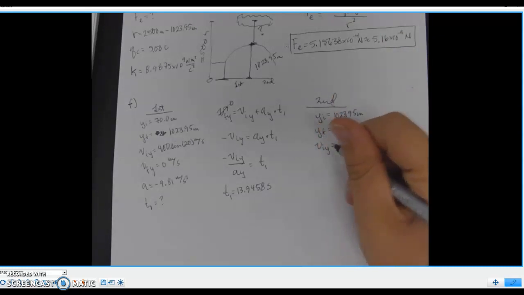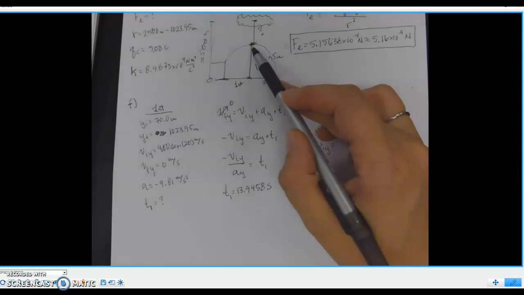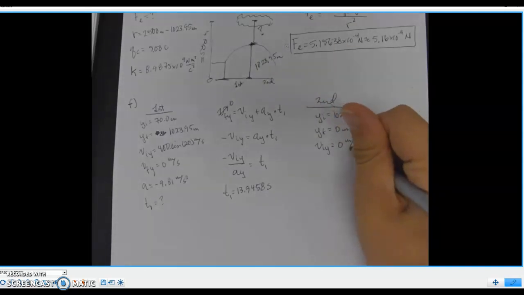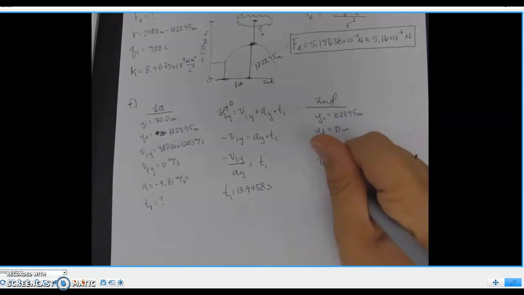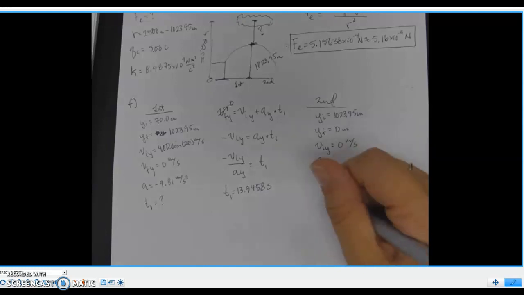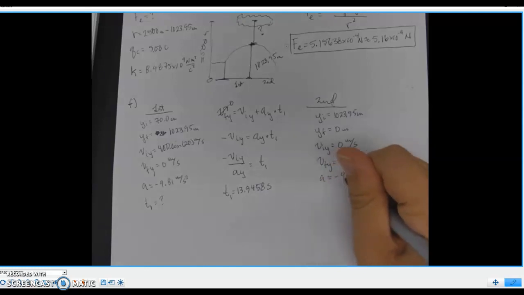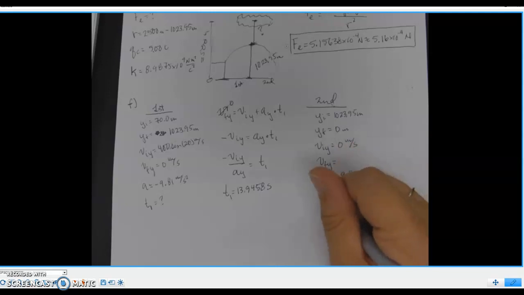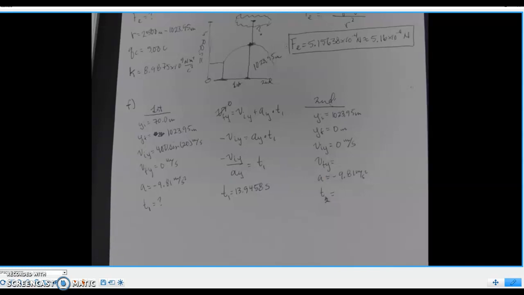Velocity initial in the y, well, at the top of the arc, that velocity was 0 meters per second. I do not know this velocity at which it will hit the ground, but I do know the acceleration is still due to gravity, and that I have to figure out this second time, part 2.